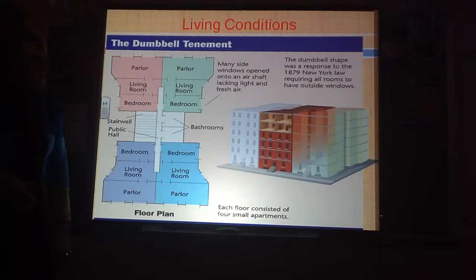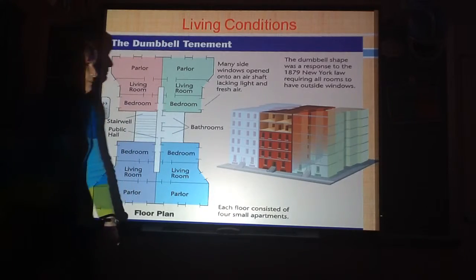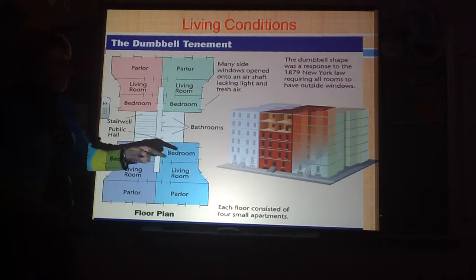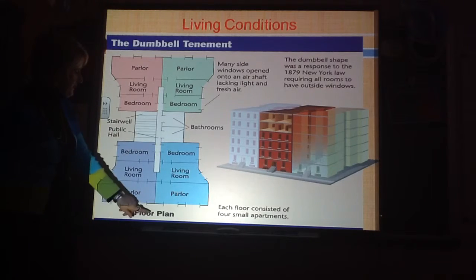The living conditions within these tenements and these buildings: you would have the public stairwell, and you would have the bathrooms, and then you would have a parlor, living room, bedroom, and these were the individual apartments. And it was this dumbbell shape. So in the center, you would walk in and go up the stairwell through the center.